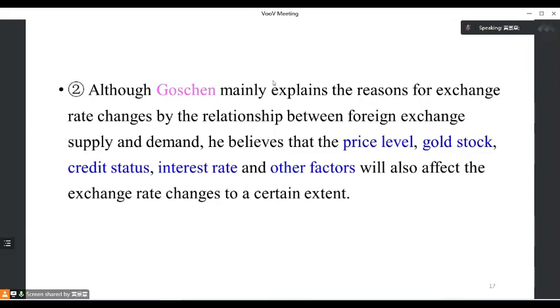This page tells us that besides foreign exchange supply and demand, factors such as price level, gold stock, credit status, interest rate, and others will also affect the exchange rate.